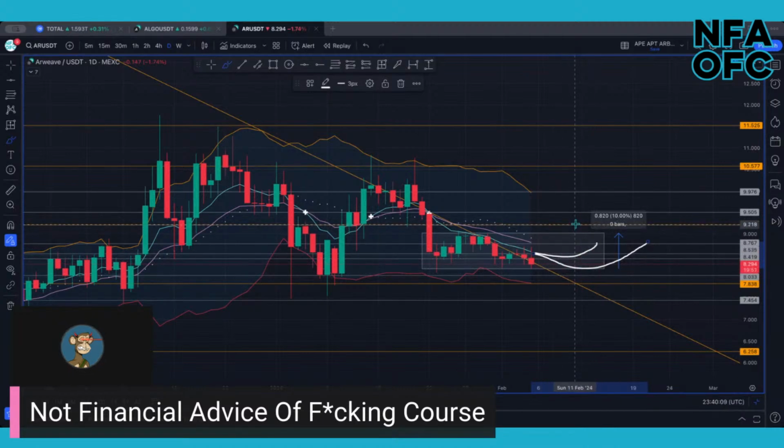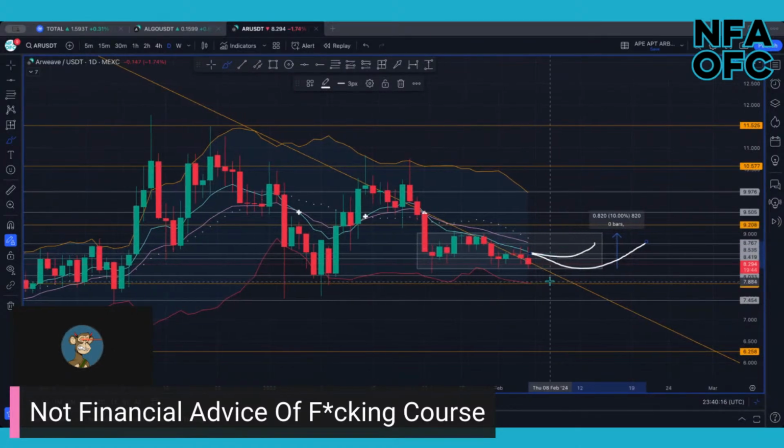Most likely our weekly resistance will get hit. Most likely we'll hit these first along the way. So I'm going to put that in. Current price 8.294.